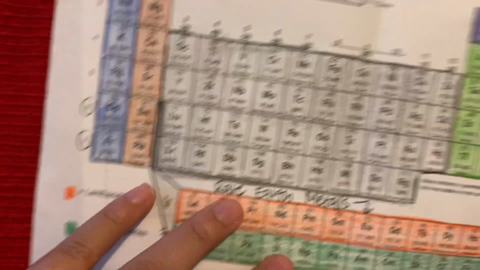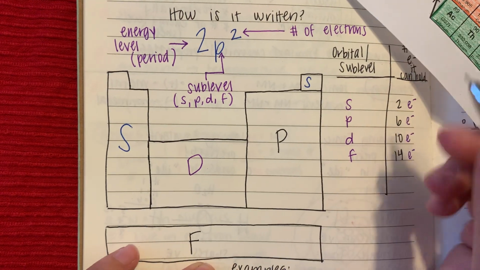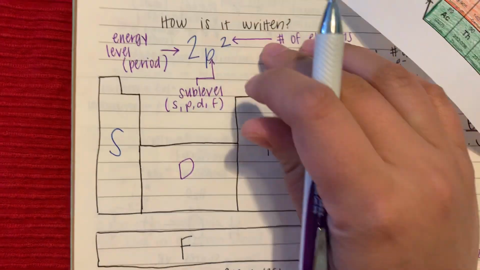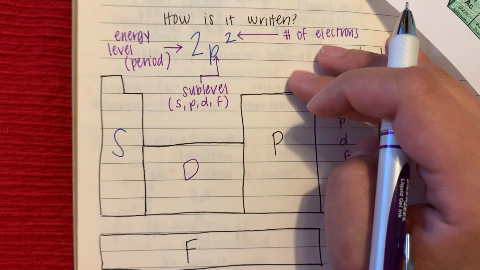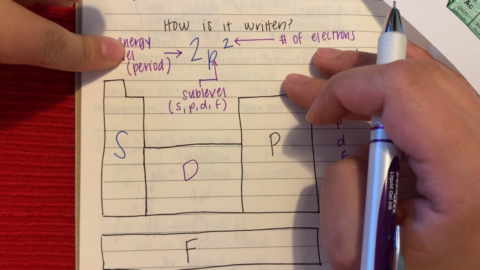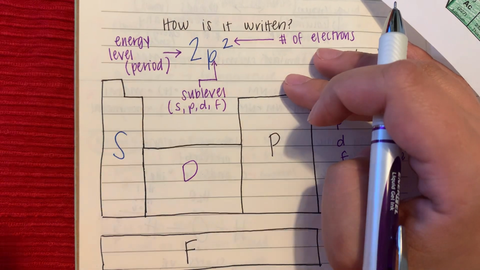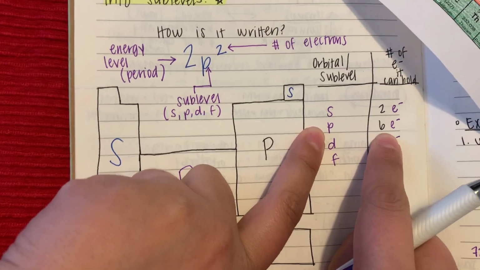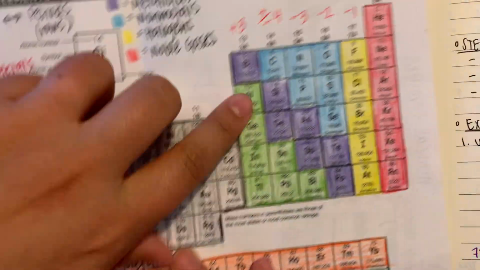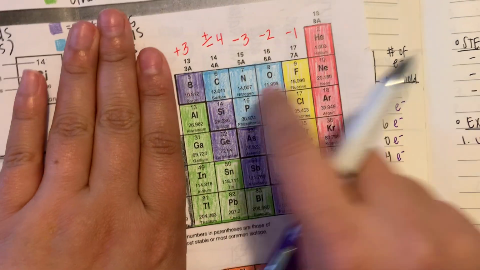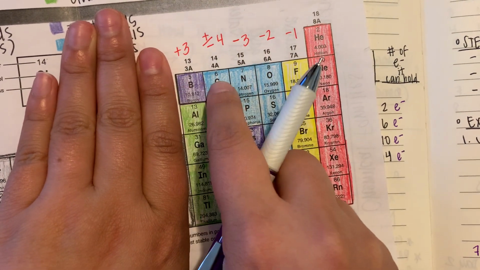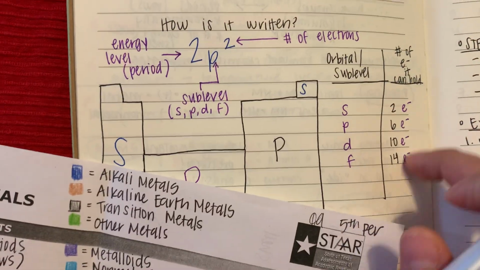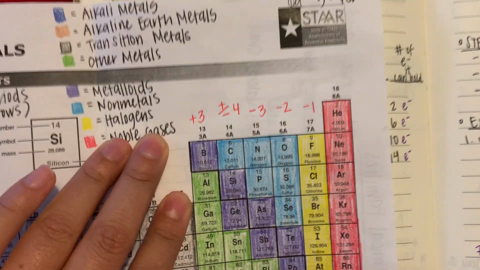And if that doesn't really make sense, point being, it'll make sense once I do it. But notice that trend. The P block, which can hold a maximum of 6 electrons, consists of this block right here. And if I count these elements, I have 1, 2, 3, 4, 5, 6. So there's a trend with how many maximum you can have and what's on the periodic table.